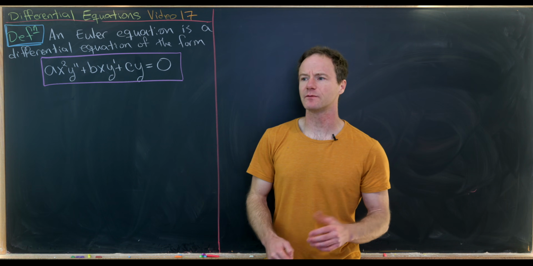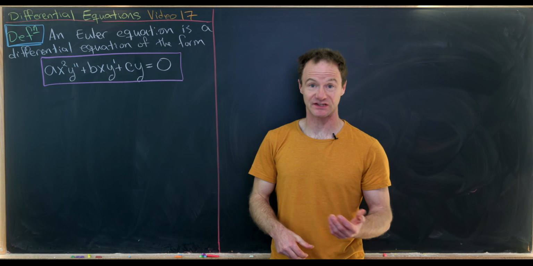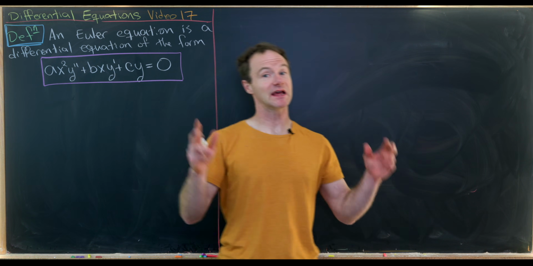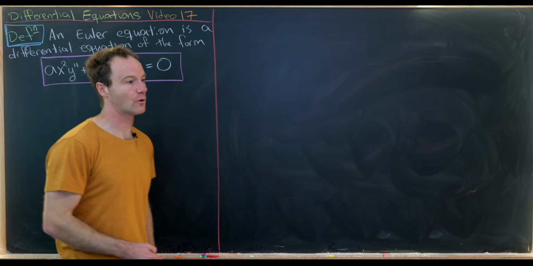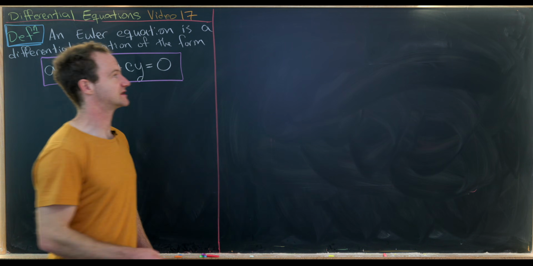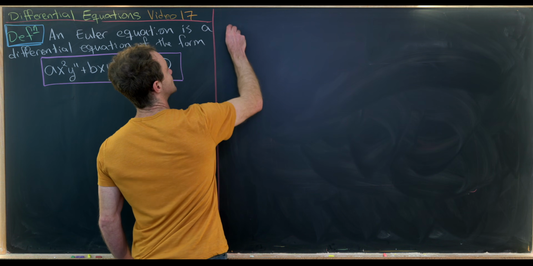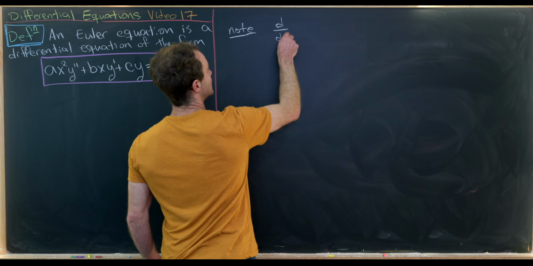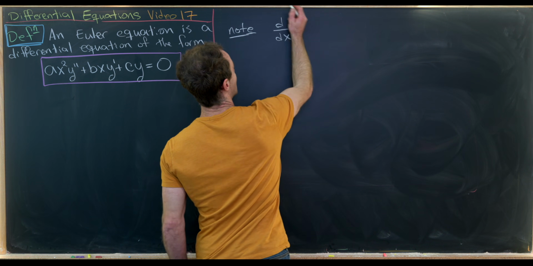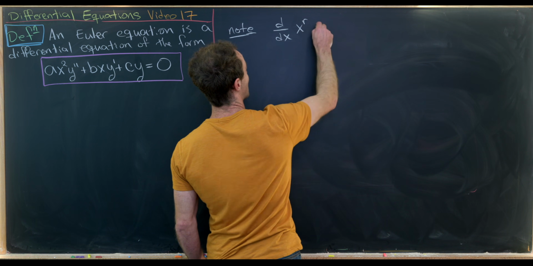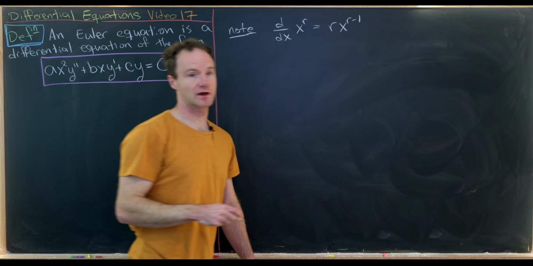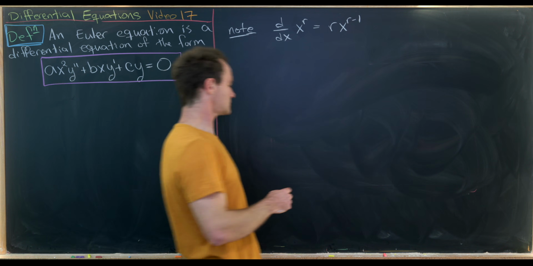Okay, so let's do a little bit of exploration to get started so we can get an idea for how we might guess a nice form for a solution to this differential equation. So let's note that if we take the derivative with respect to x of x to the r power, we get r times x to the r minus 1 by the power rule.